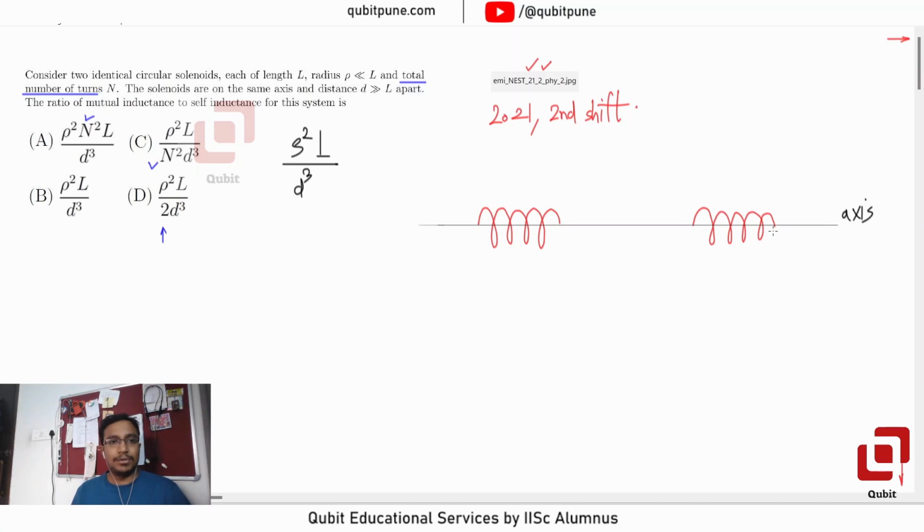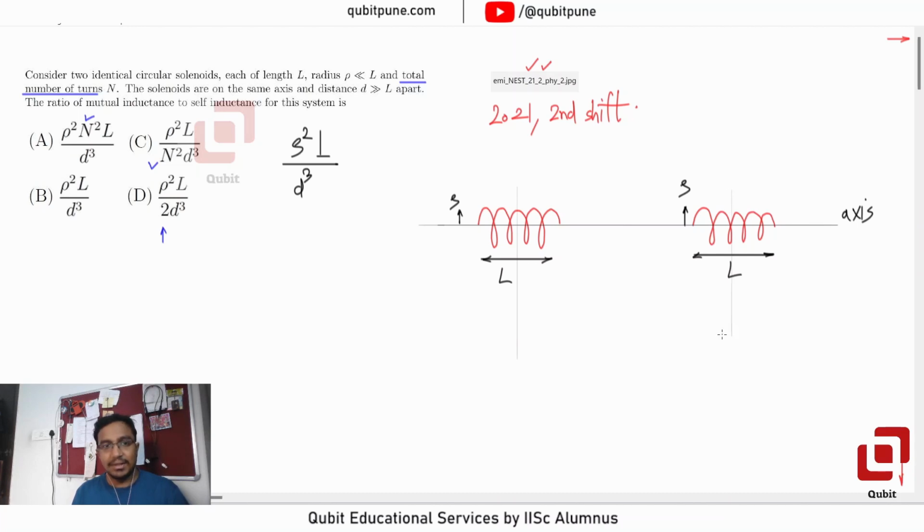Those are our two solenoids. They have radius rho, length L, and distance d.